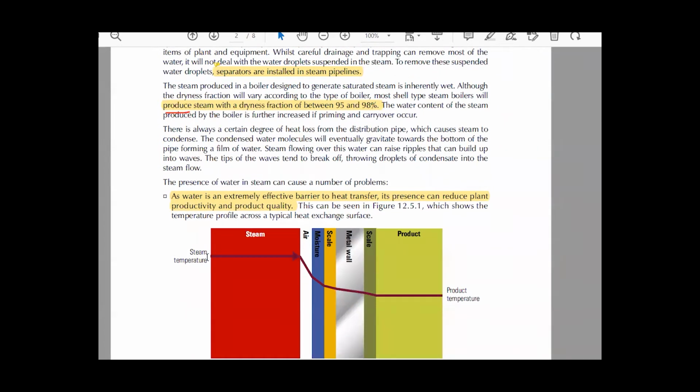The steam temperature is that, and the air film makes the heat transfer decrease, also moisture, also scale, also the water droplets in the steam.